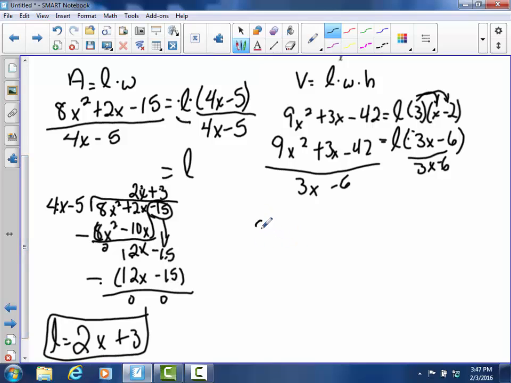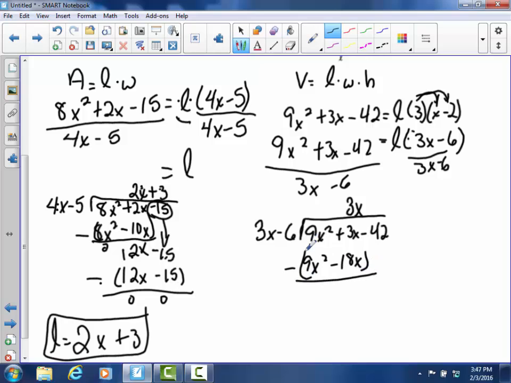So we write it out, 3x minus 6 goes into 9x squared plus 3x minus 42. To get 9x squared, I'm going to need to multiply by 3x. So I get 9x squared minus 18x. We subtract. 9x squared, take away 9x squared is 0. 3x, take away negative 18x is positive 21x.